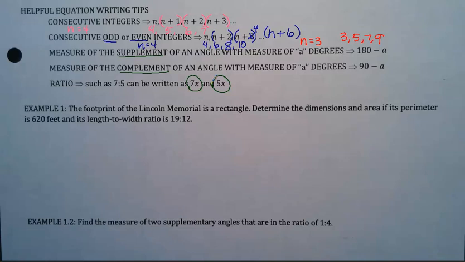In example 1, we have the footprint of the Lincoln Memorial is a rectangle. Okay, I'm reading for information right now. Determine the dimensions and the area. These are the things we've got to find out. The perimeter is 620 feet, so I'm going to write P equals 620 feet.